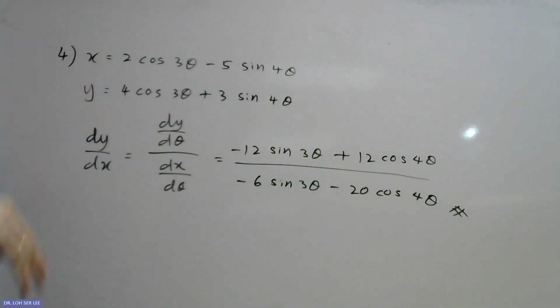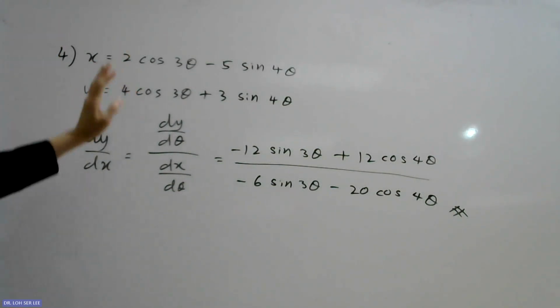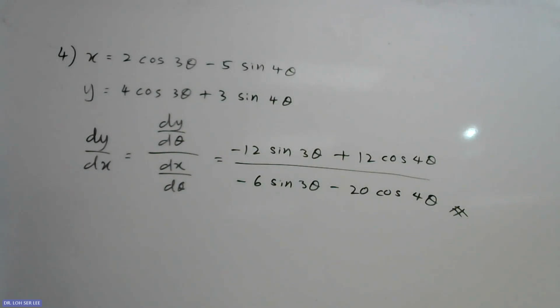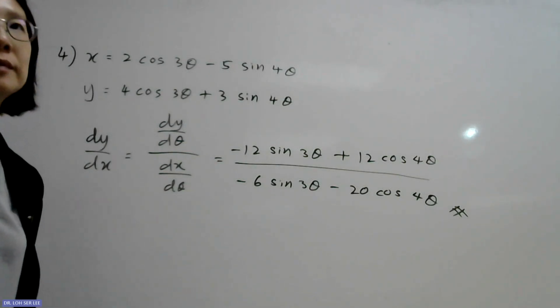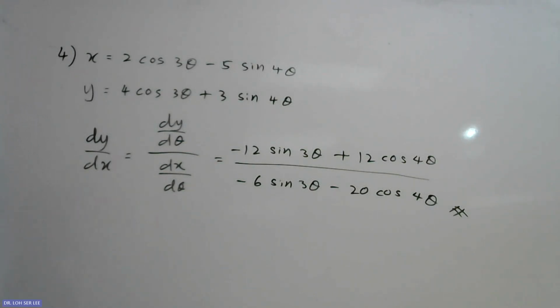So for different kinds of functions, you have to know how to differentiate the function, how to get the derivatives. Parametric functions, parametric differentiation. Product function, product rule. Quotient function, quotient rule. The function where we can't express y in terms of x, we use implicit differentiation.